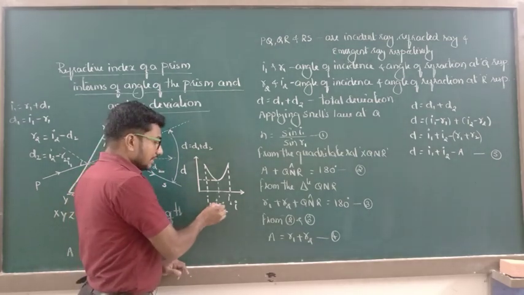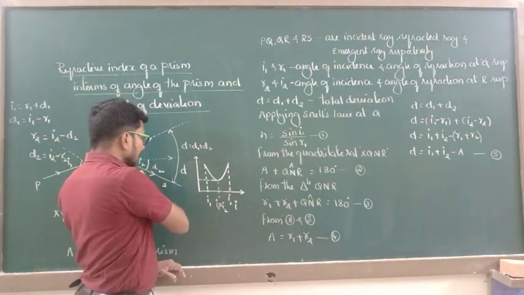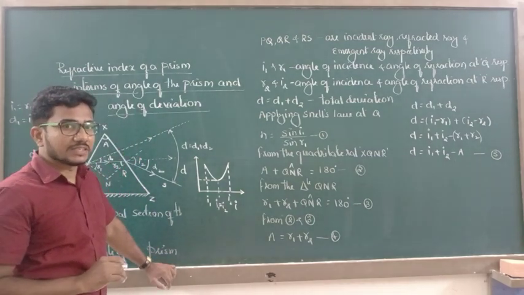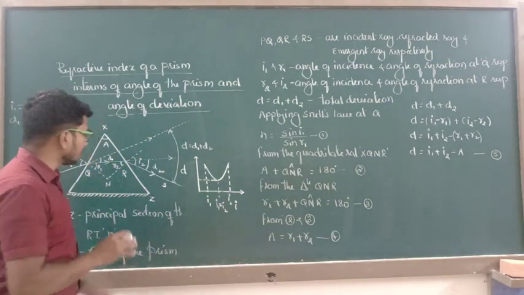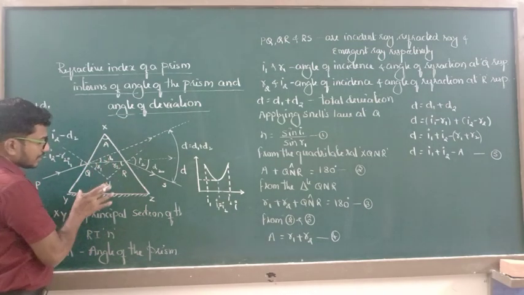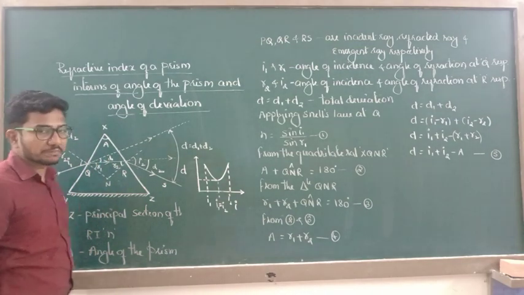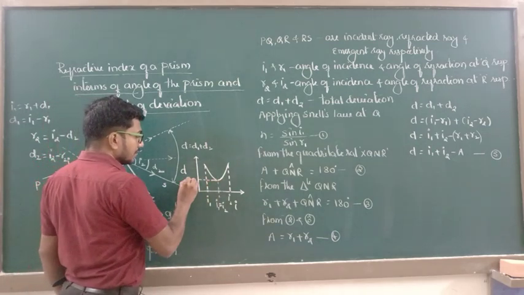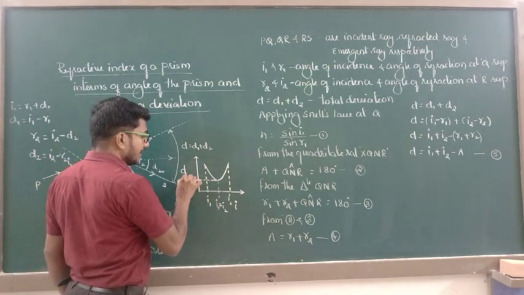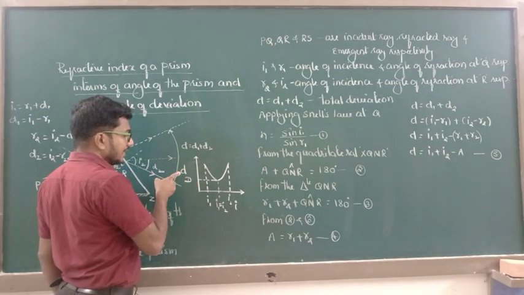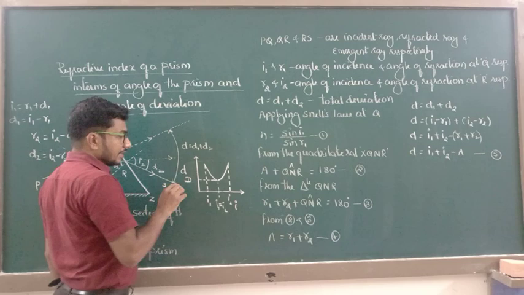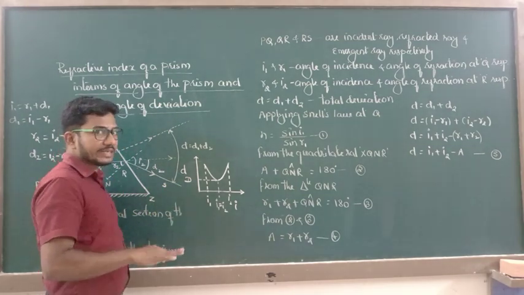When I1 is equal to I2, the prism is under minimum deviation condition. Minimum deviation condition means this refracted light ray is parallel to the base. This minimum deviation is represented by capital D, where D particularly represents minimum deviation.